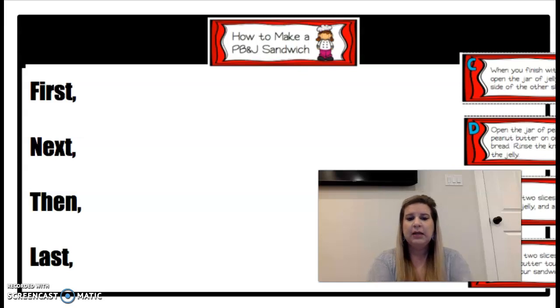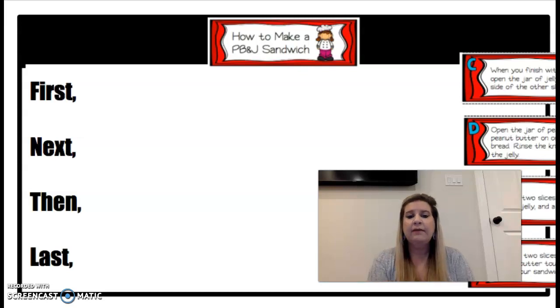So let's take a look at this example of how to make a peanut butter and jelly sandwich. So if I'm going to make a peanut butter and jelly sandwich and I am telling someone else how to do it, maybe someone that's never made one before, I need to think about the first thing that I would need to do.